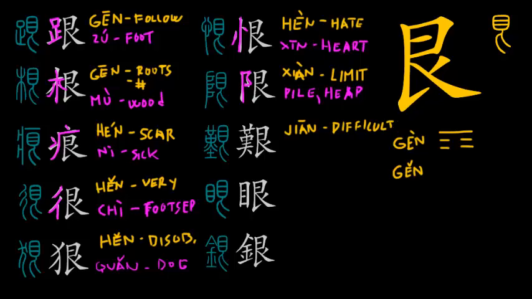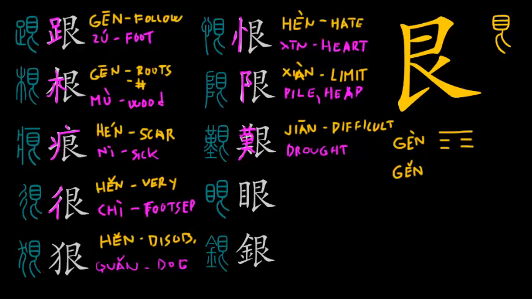And the semantic element in this character, which again, I'm not totally sure how it's pronounced, I know it means drought. So drought is the semantic element pointing to the meaning of the character difficult. We can find this character, for instance, in the word 艰难, which means difficult to carry out, a difficult task, something like that.